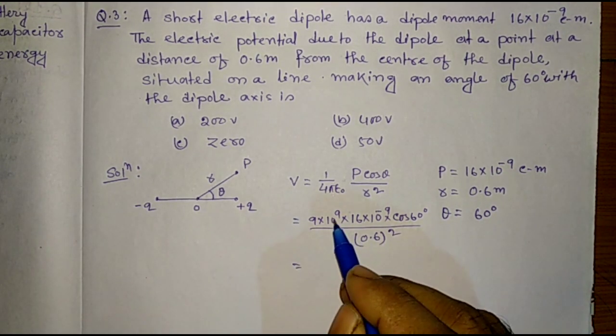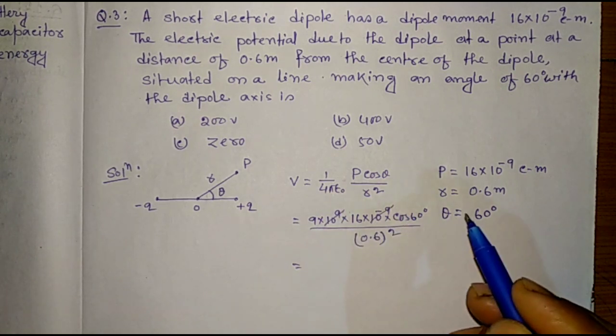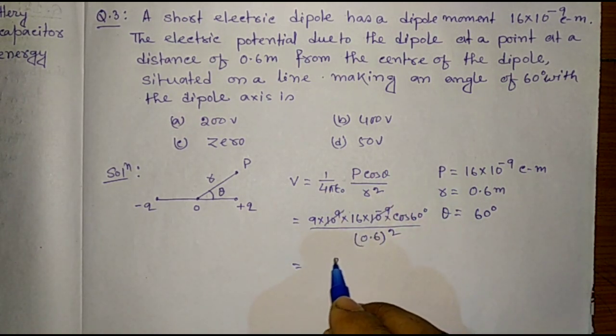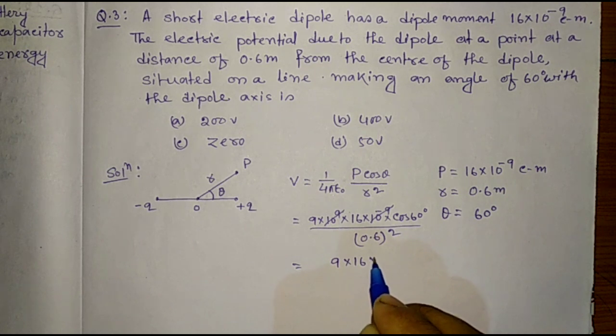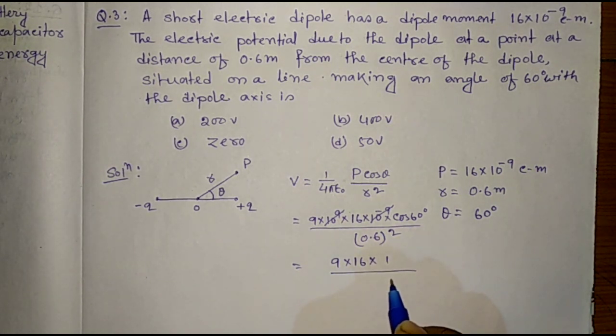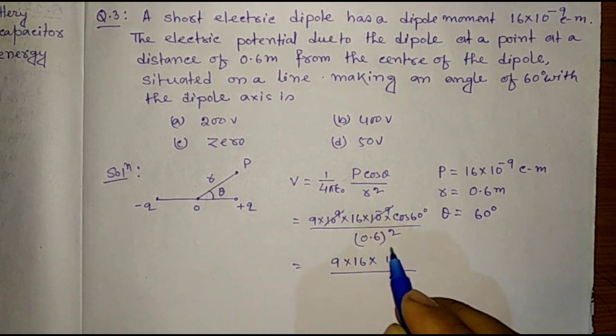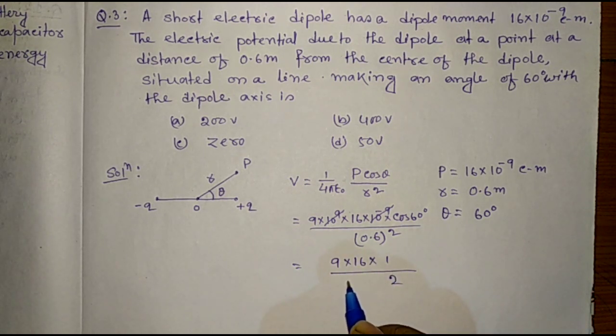It is equal to, 10 to the power 9 and 10 to the power minus 9 cancel, 9 into 16 into cos 60 which means half, divided by 0.6 whole square, this is 0.36.